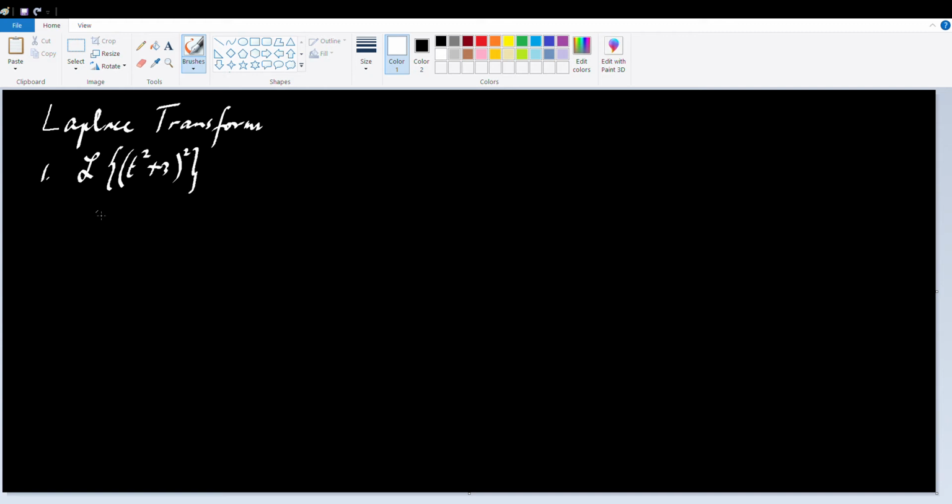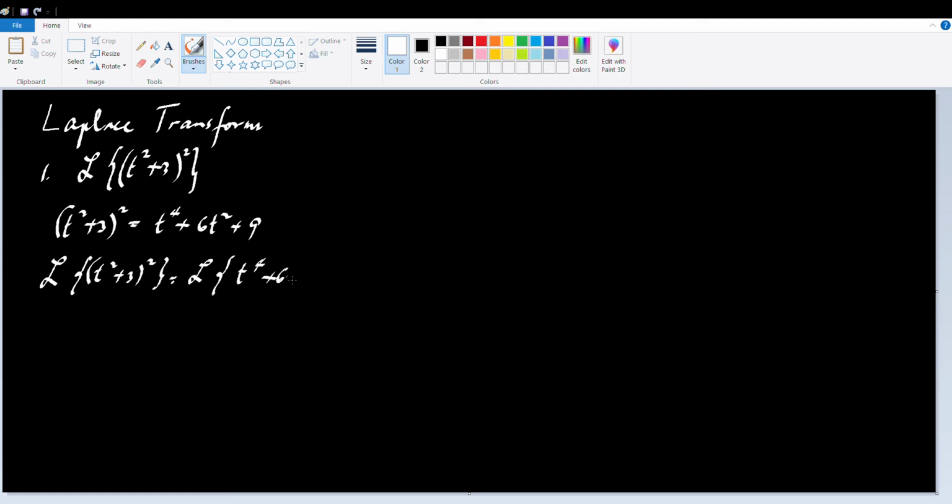When expanded, it becomes t raised to 4 plus 6t squared plus 9. So the Laplace transform of t squared plus 3 squared is the same as the Laplace transform of t to the 4th plus 6t squared plus 9.